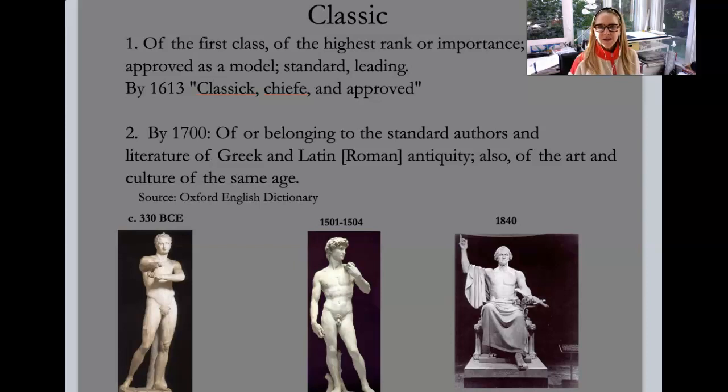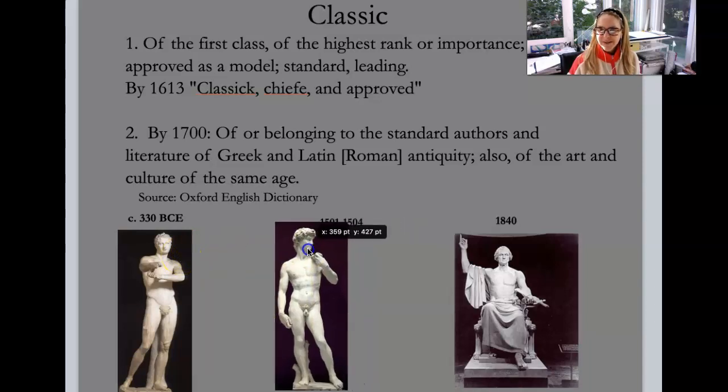And also later on the word classic began to represent something belonging to ancient Greek and Roman time, or antiquity. And so when we say something is neoclassical or classical, it is in fact referring to ancient Greece and Rome. So you have this classic figure that we'll talk about next class from 330 BCE.